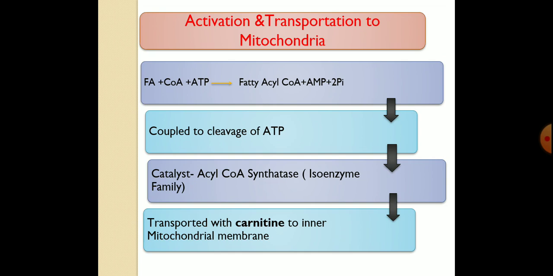The first step of beta oxidation includes activation and transportation of activated fatty acid to mitochondria. Fatty acid is combined with coenzyme A in the presence of ATP, where magnesium acts as activator.